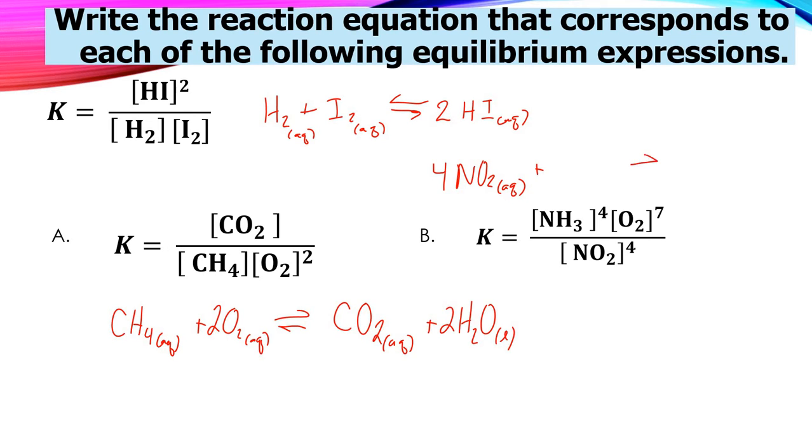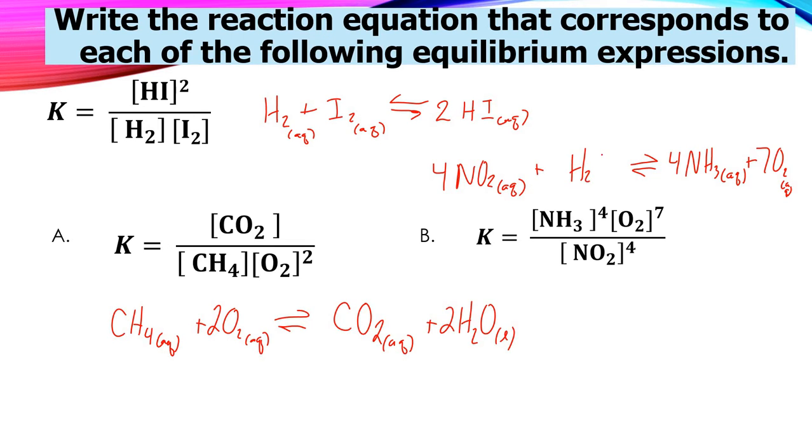So I'm just going to put plus something right now because I don't know what it is. On the other side I have 4 NH3s, which are aqueous, plus 7 oxygens, which is also aqueous. What am I missing? Sorry, I'm going to run out of room. That's already right there. What do you think I'm missing?